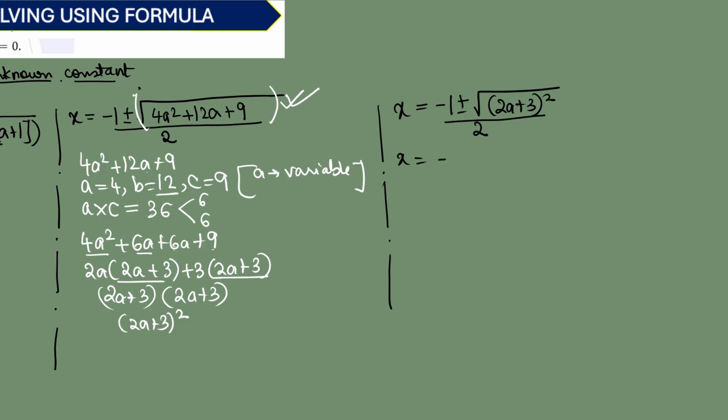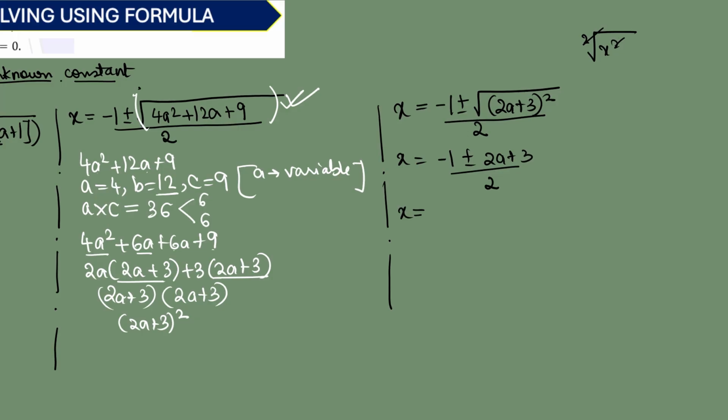So what is x? Minus 1 plus minus 2a plus 3, because if you have x square whole under root, so square and under root gets cancelled, correct? So we have minus 1 plus minus 2a plus 3 upon 2.